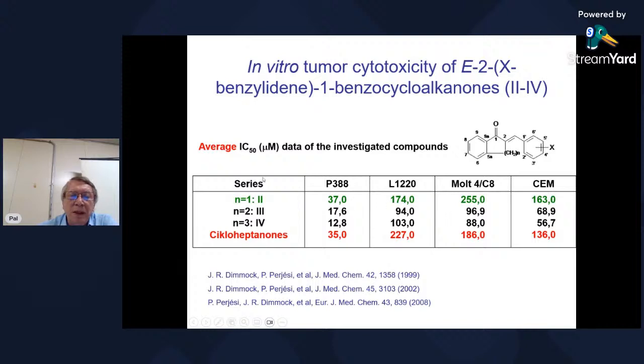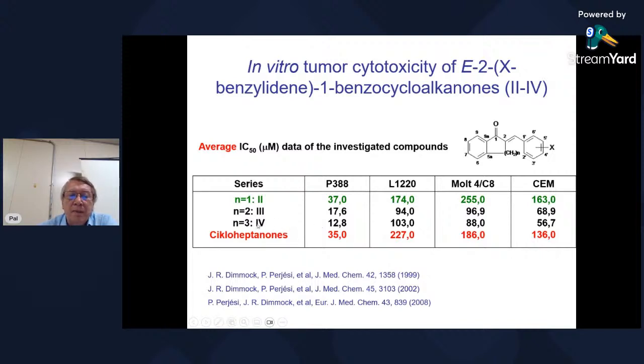If we compare these average cytotoxicities, we can see that the lowest values are generally associated with the 5-membered ring and the 7-membered ring derivatives.